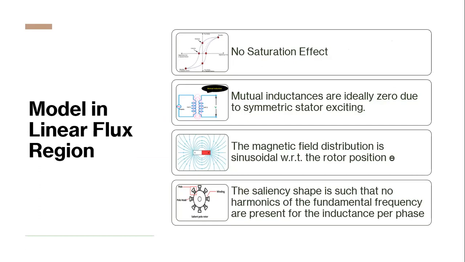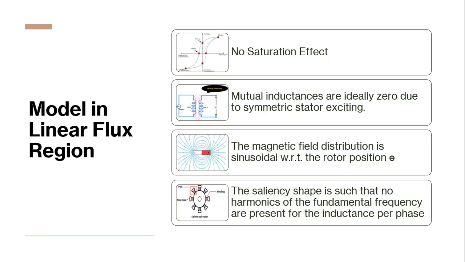Because of the number of poles in the stator, it will increase the mutual induction. It will not be symmetrical to this rotor. The magnetic field distribution is also sinusoidal. Because of this we have to calculate the speed as well as the number of poles required on the stator side.